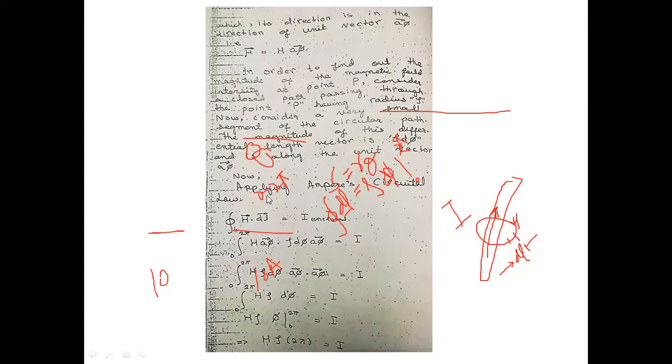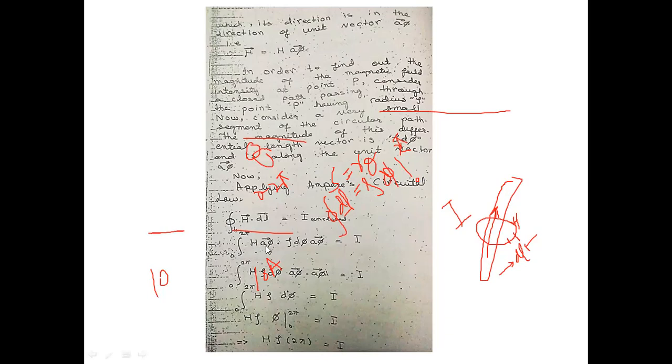Now, according to the Ampere circuital law, the integral of the magnetic field intensity is equal to the current enclosed by that integral path. For the complete path, the limits will be from 0 to 2 pi.